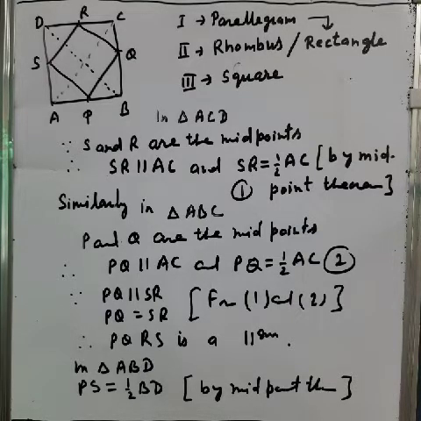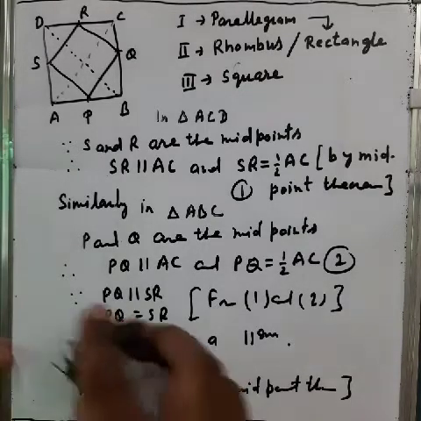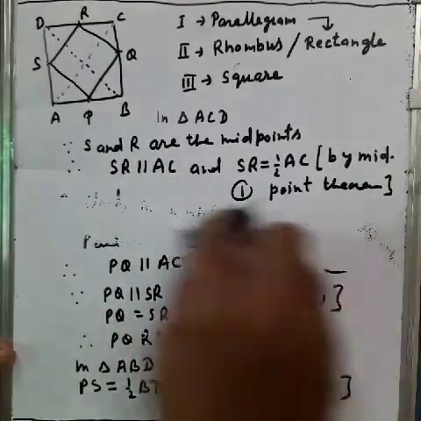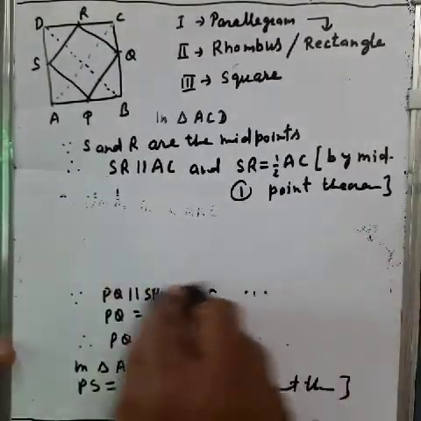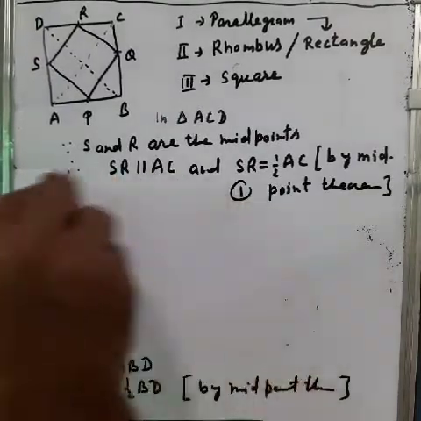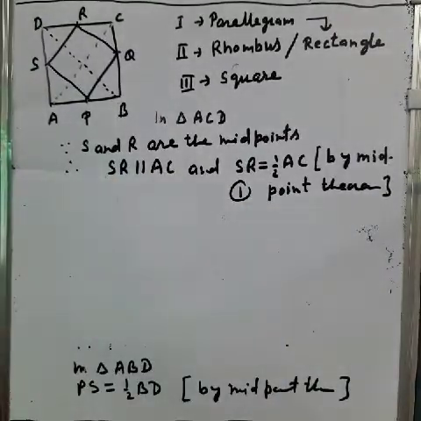Now what we will do, next part. For the next part I am going to rub this. I am using the first result, so I am rubbing this. So first result we are already using.